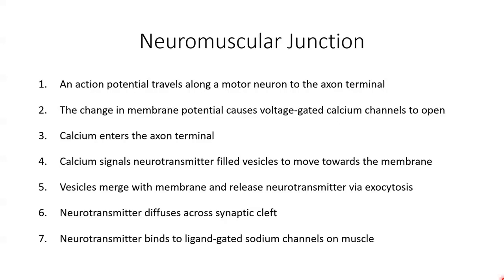Vesicles merge with the plasma membrane and release the neurotransmitter via exocytosis. The neurotransmitter diffuses across the synaptic cleft, and it will bind to the ligand-gated sodium channels on the muscle. Remember, ligand-gated channels open in response to the binding of a chemical.